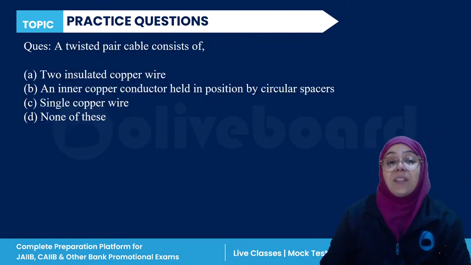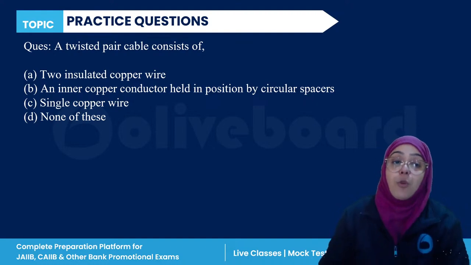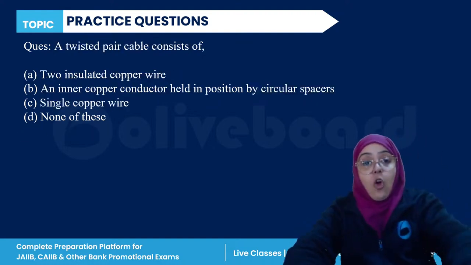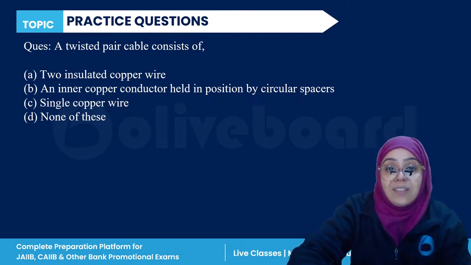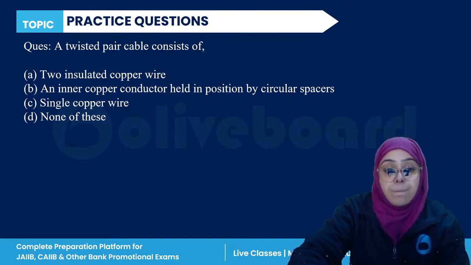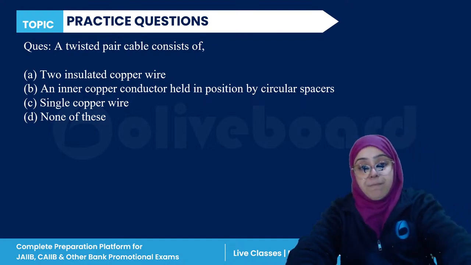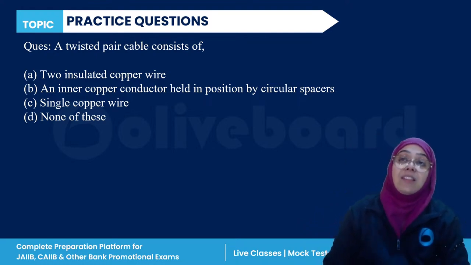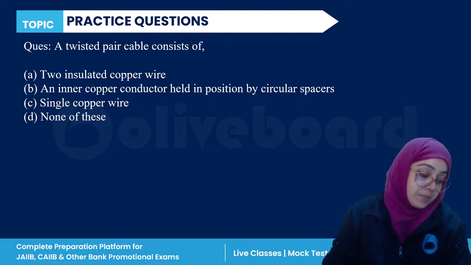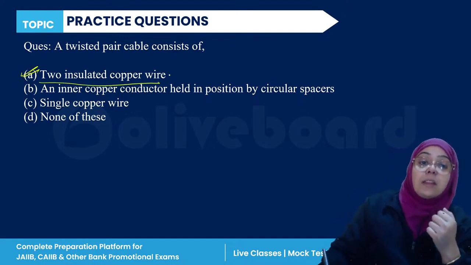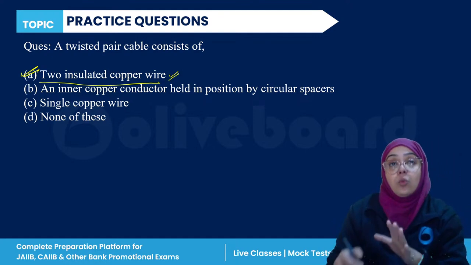Next question. A twisted pair cable consists of what? Yes, a twisted pair cable consists of two insulated copper wires.